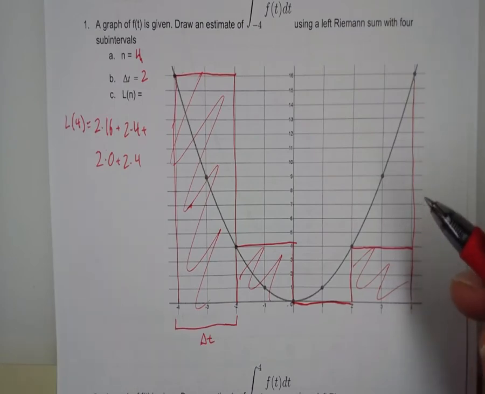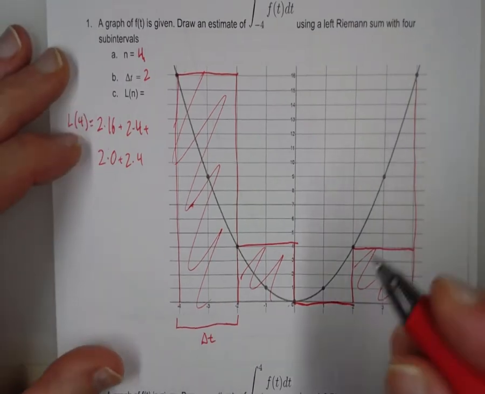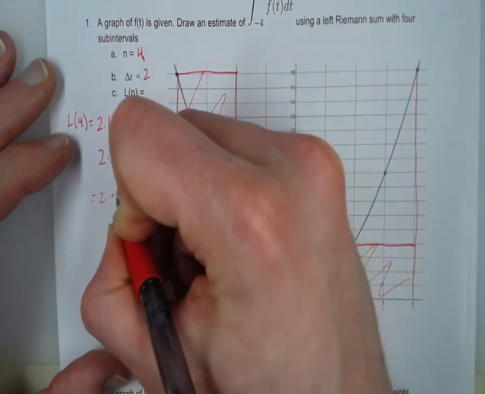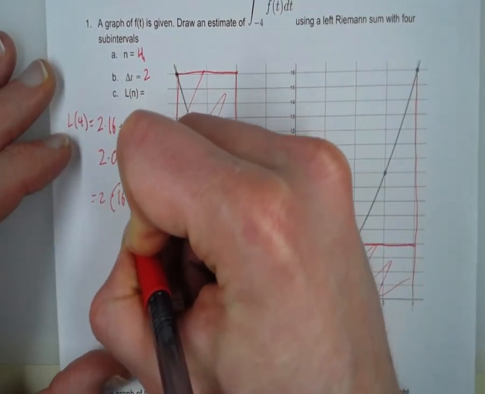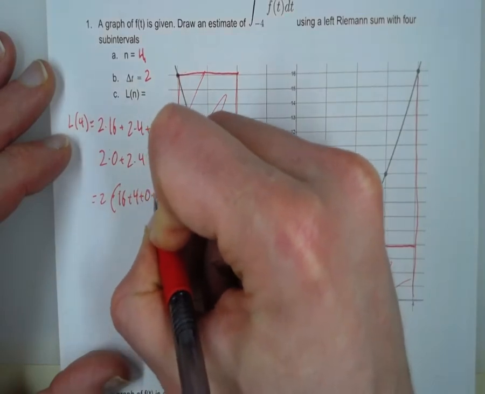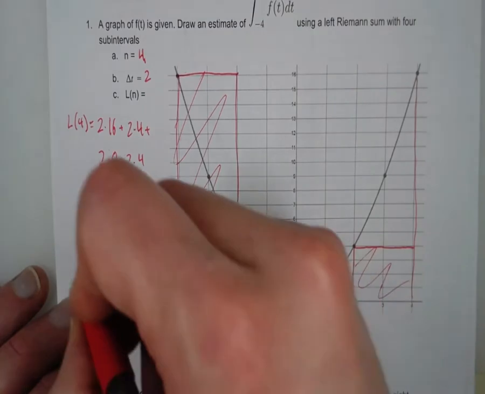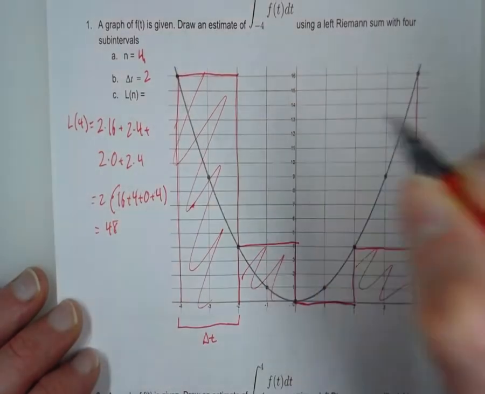Now some teachers, some textbooks, will have you factor out the width because the width is all the same. So that's 2 times the quantity 16 plus 4 plus 0 plus 4. Either way, you're going to get an area of 48.